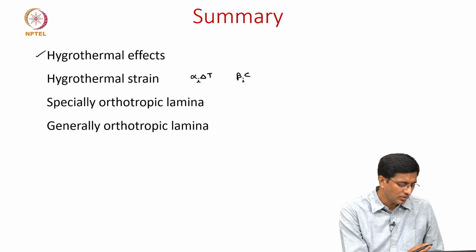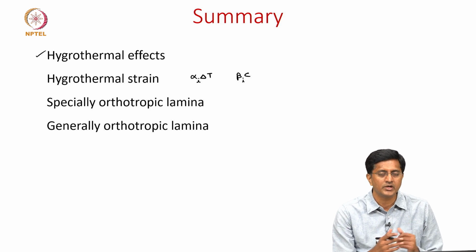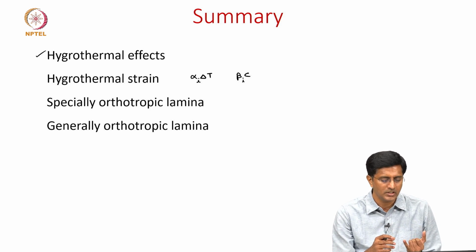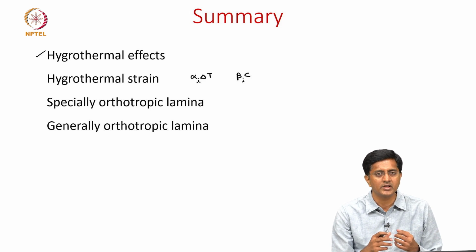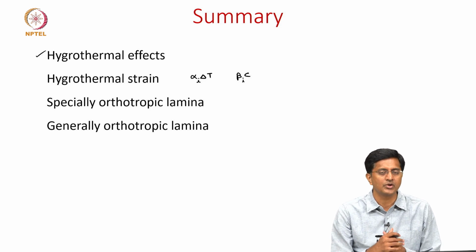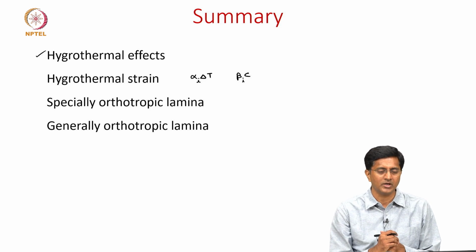Later we showed, since we are dealing with linear elastic materials, we can add up the strains. So the total strain is the mechanical strain plus the strain from thermal effects plus strain from moisture effects. And once we replace the mechanical strain with the compliance times the stresses, we get the stress strain relations, which include the hygrothermal effects.